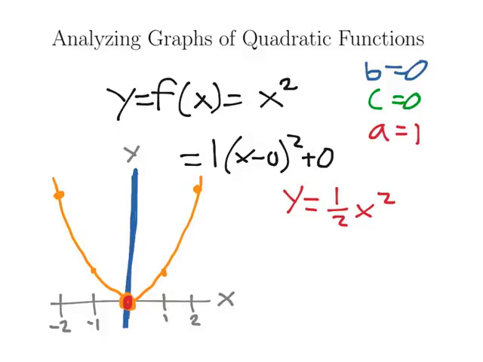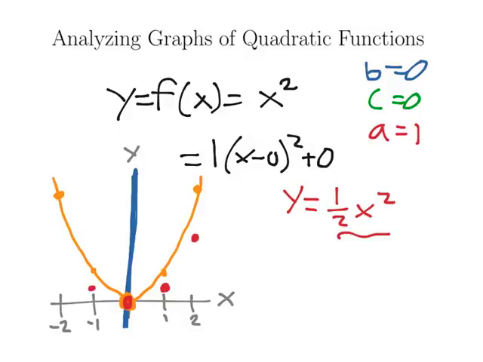So when x is 1, 1 squared is 1, and 1/2 of that will give us 1/2. Now when x is 2, I have 2 squared, which is 4, and half of 4 is 2. So that goes here.